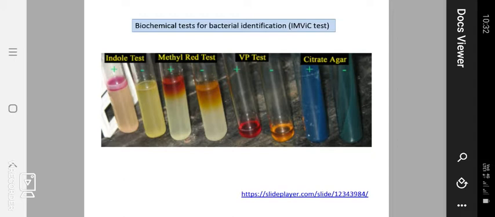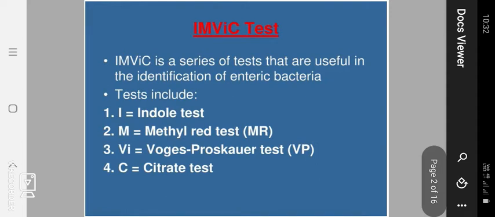For further detail, if you want, I will provide the link below. You can refer to it for future reference. Now, IMViC is a series of tests that are useful in the identification of enteric bacteria.